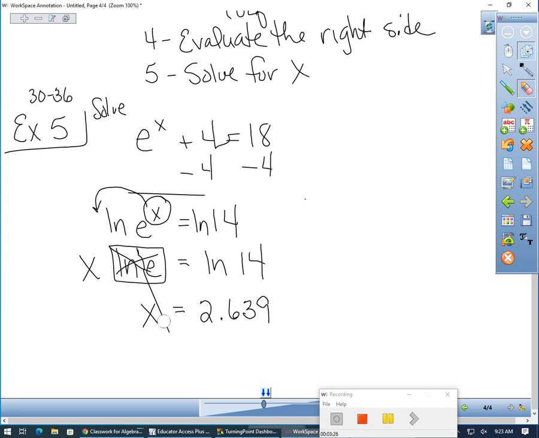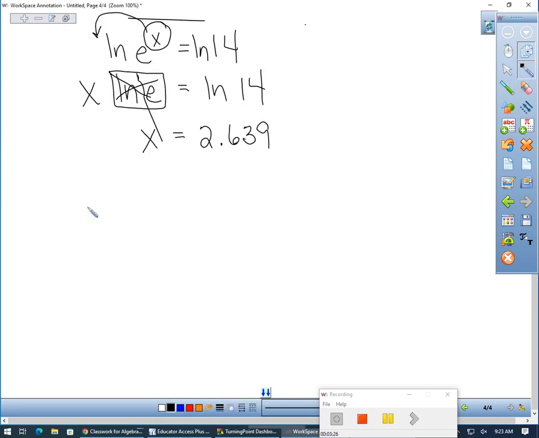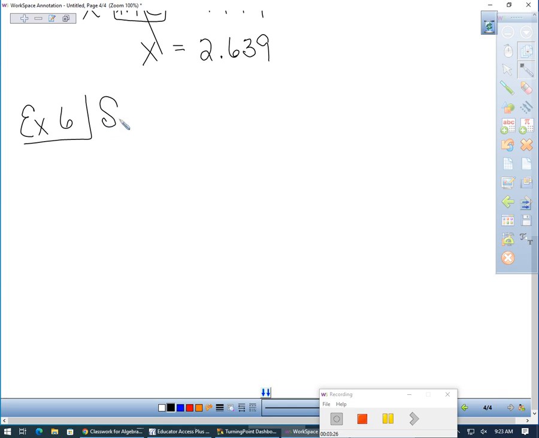All right, so let's try another one, example number 6. Again, I'm going to ask that you solve e to the x plus 1 equals 8. I have e to the x plus 1 all by itself.